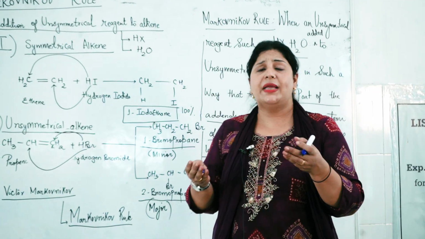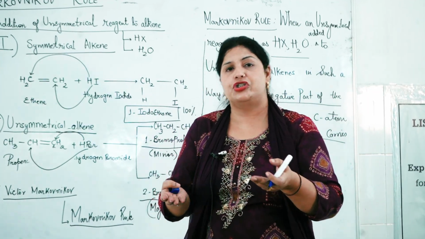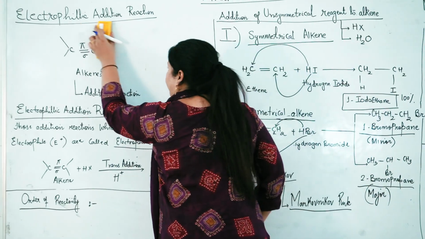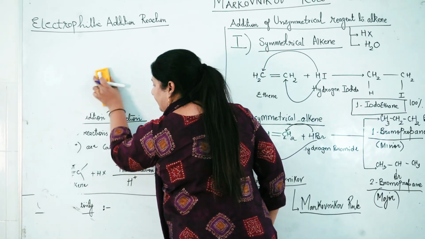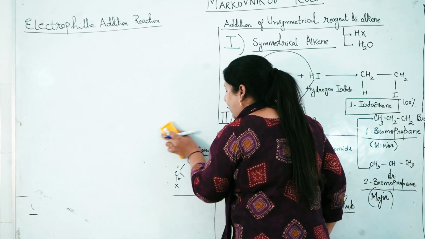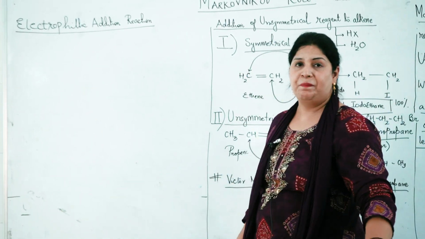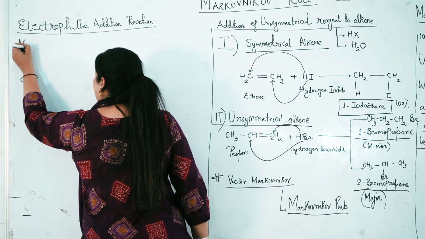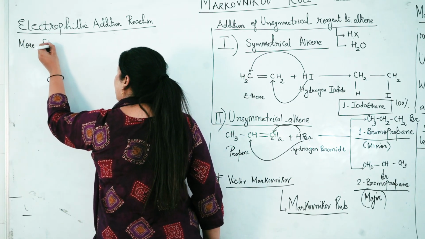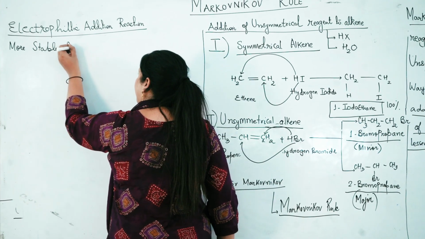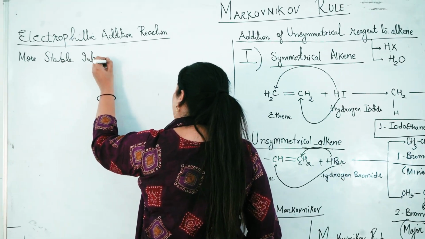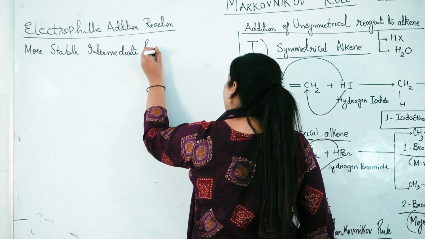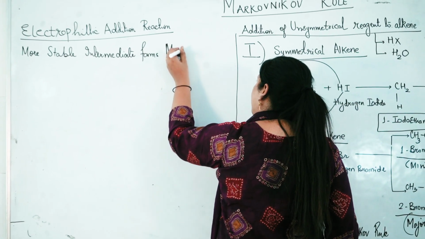So, what is the mechanism behind, from where this rule comes? So, in organic chemistry, we always say that more stable intermediate forms major product.